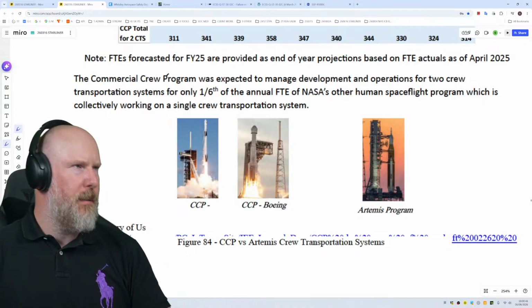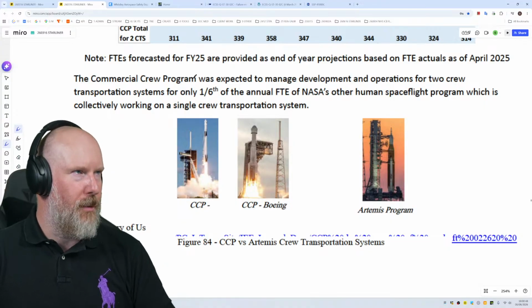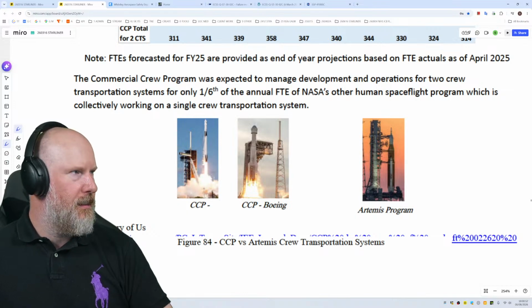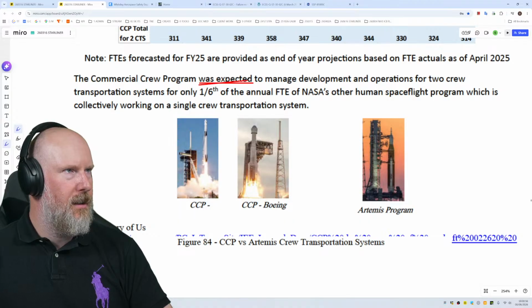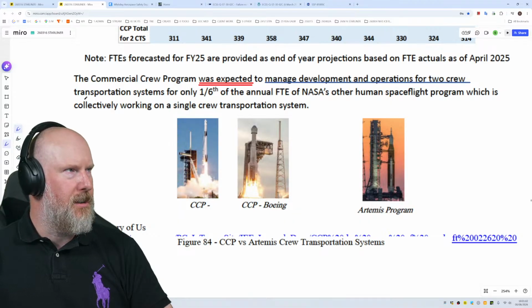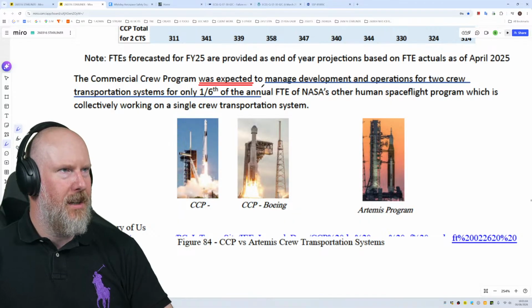So the commercial crew program was expected to manage development and operations for 2 crew transportation systems for only a sixth of the annual FTEs of NASA's other human spaceflight program, which is working collectively on a single crew transportation system.